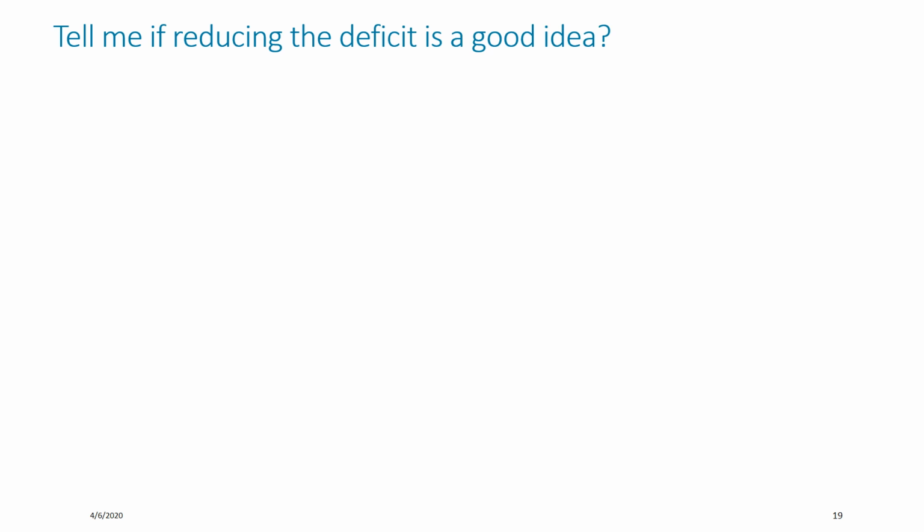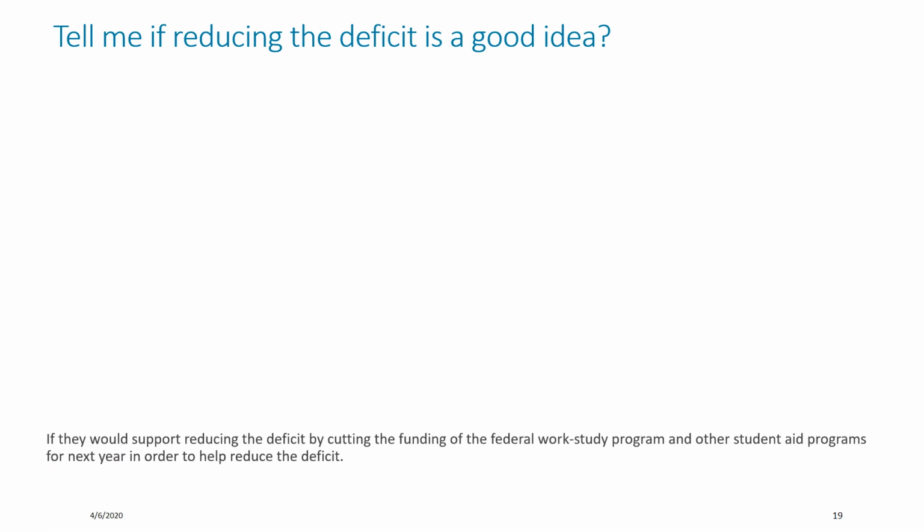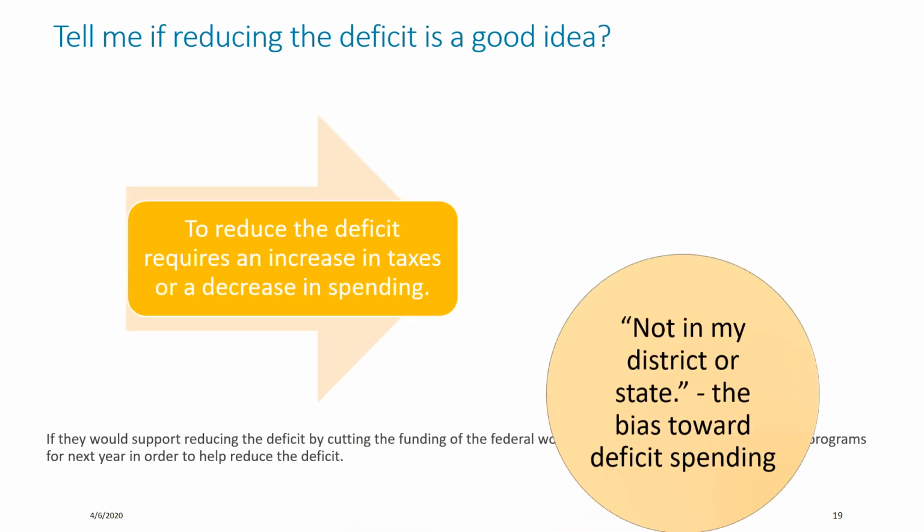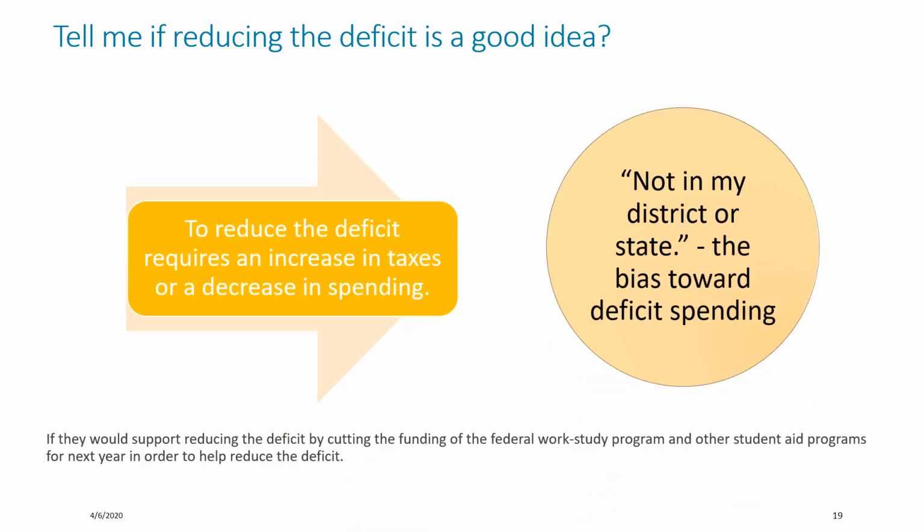Tell me if reducing the deficit is a good idea. To reduce the deficit, it requires an increase in taxes or a decrease in spending. Maybe some will say, we don't want that in my district or state.